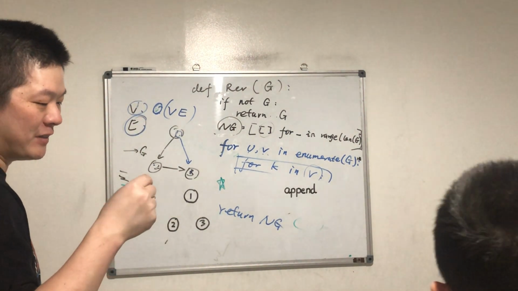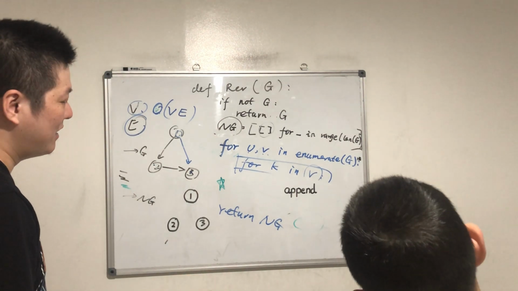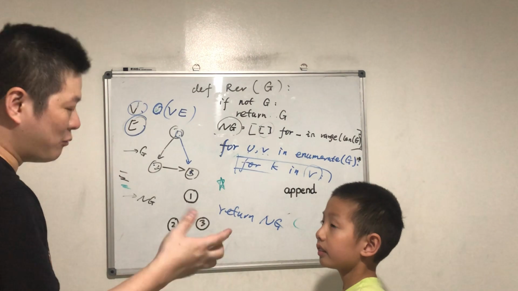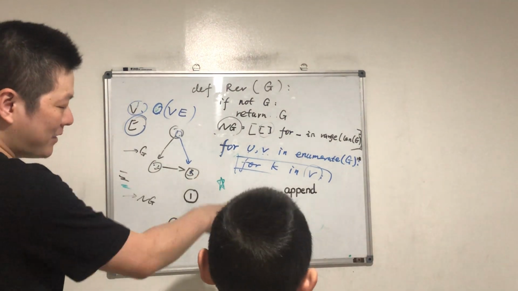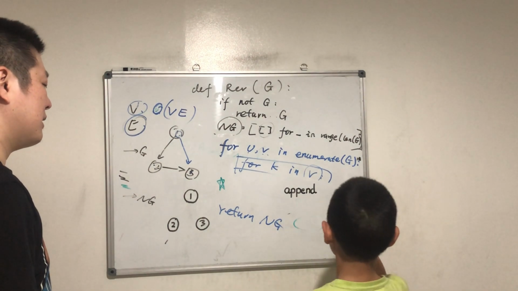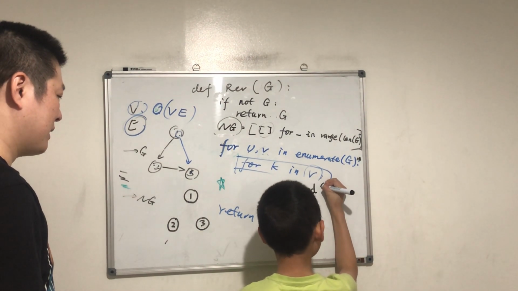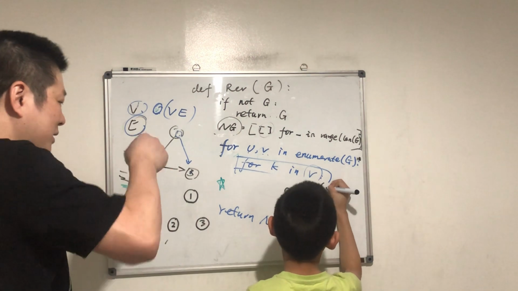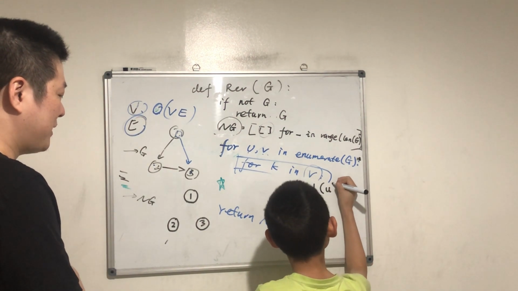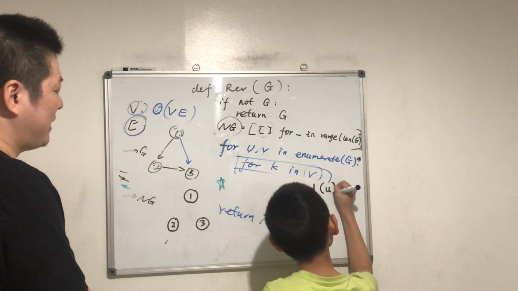If it's K to U, right? So append U. You put append U first. Come on, append U. Append U, bracket. You don't need so heavy. You just append U.